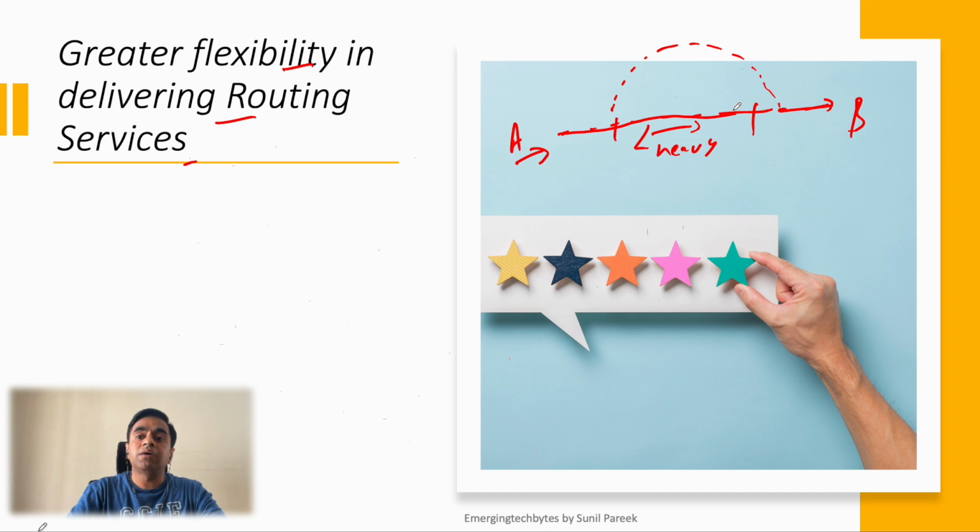But since we have heavy traffic here, can we have some sort of algorithm which can direct the traffic from A to B on this path? And that is what traffic engineering in MPLS is. MPLS traffic engineering exactly does this.